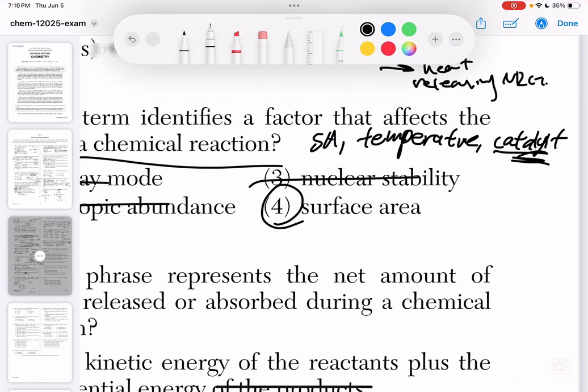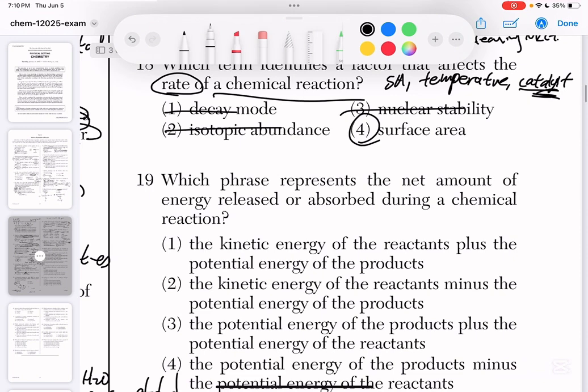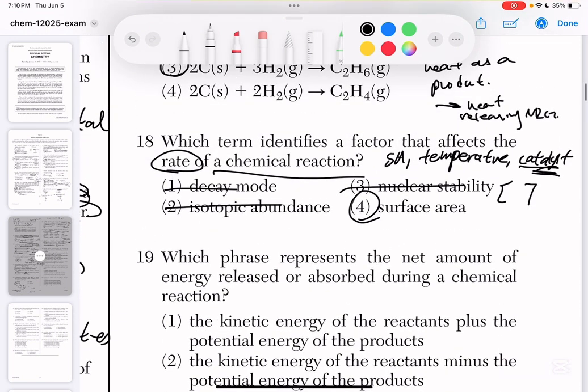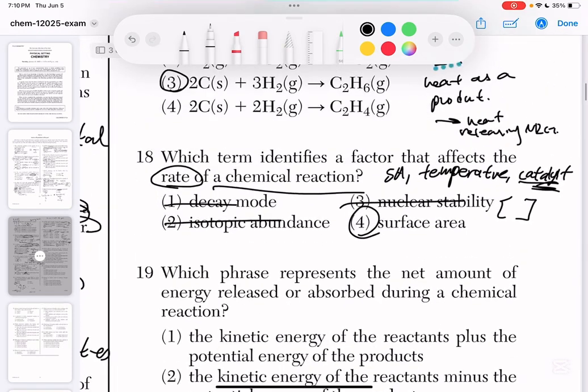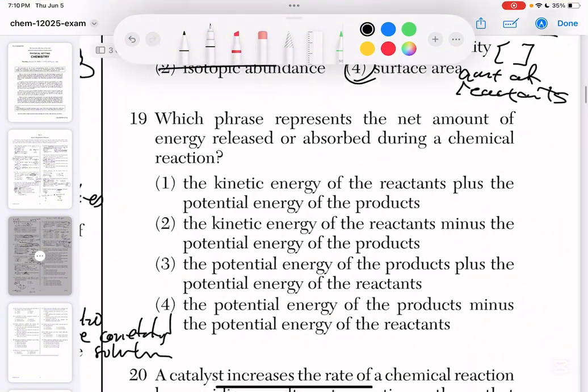There was something else, but I forgot. Can't think of it right now off the top of my head. Oh, concentration. Like the amount of reactants.